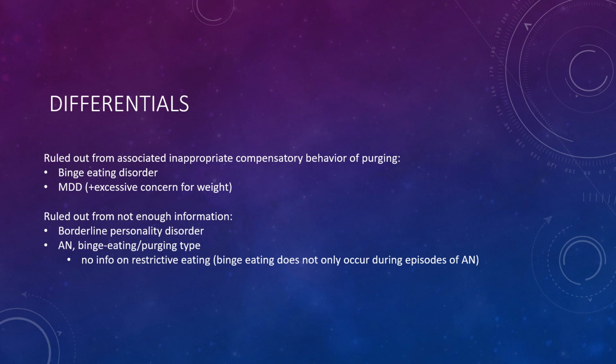So the excessive concern for weight plus the inappropriate compensatory behavior of purging guides you away from MDD as your main diagnosis, right? She could have comorbid depressive symptoms, but we don't know that from this case study information so far. We would need to assess further for that, where she does meet currently the criteria for bulimia nervosa.